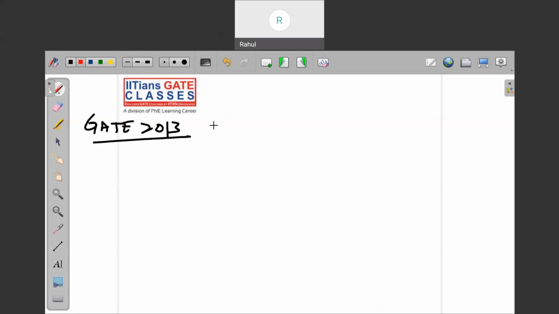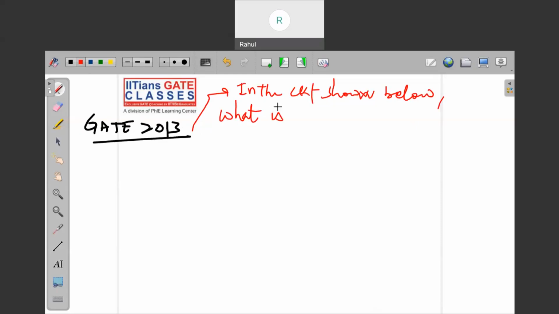In the circuit shown below, what is the output voltage?